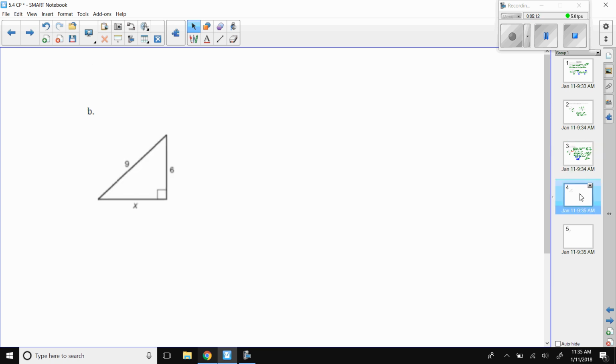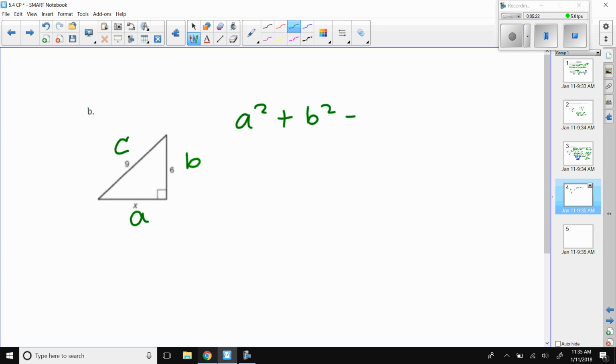Okay. Number 2 is very similar. I want to start by naming my sides, A, B, and C. And if I write out A squared plus B squared equals C squared, I see that I have A is x squared, B is 6 squared, and C is 9 squared.